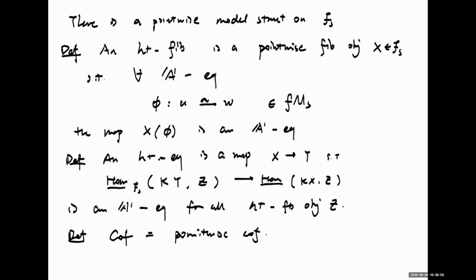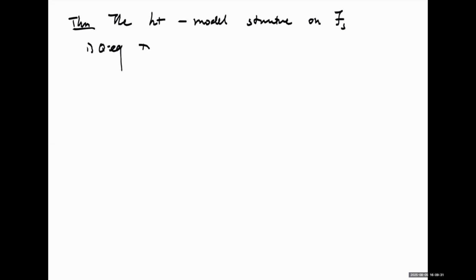Now, the last thing I'm going to say is that the height model structure on F over S is equivalent, of course, to the category of spectra over S. What is that thing?